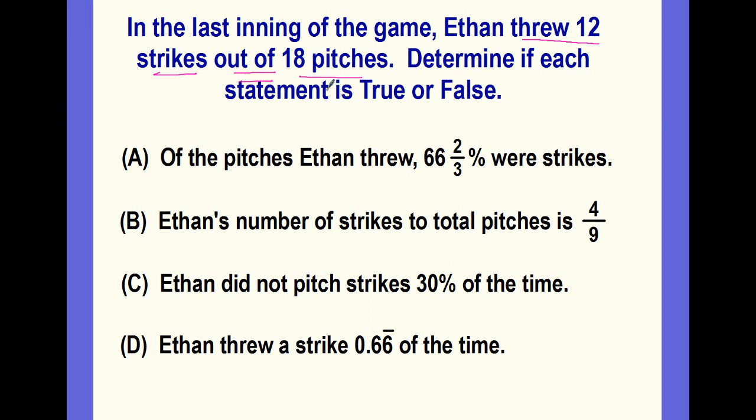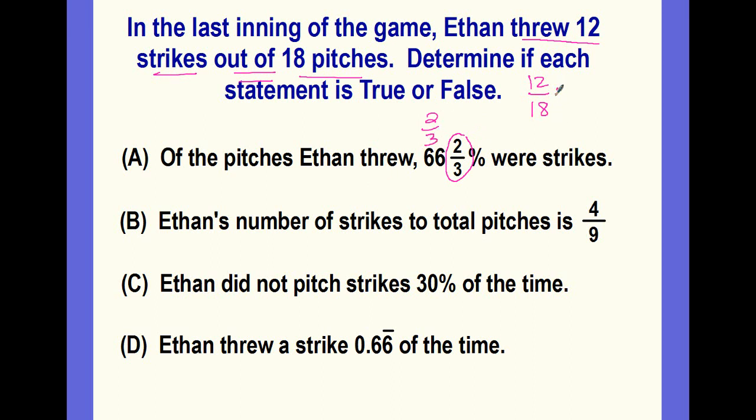We can write this in fraction form. He threw 12 strikes out of a total of 18 pitches. We need to figure out, is this fraction equivalent to 66 2/3%? Well, I know 66 2/3, clue here is 2/3, is 2/3 as a fraction.